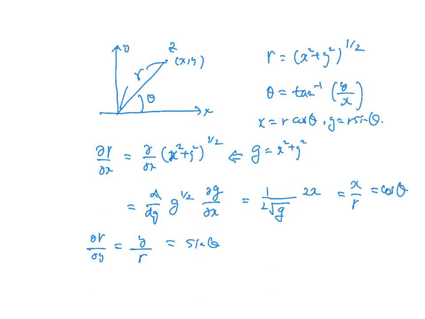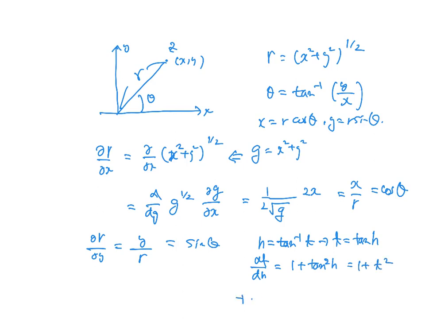The derivative of theta is a bit tricky. So let's say h is tangent inverse t, then t is tangent h. So dt over dh is what? 1 plus tangent squared h, right? So that is 1 plus t squared.